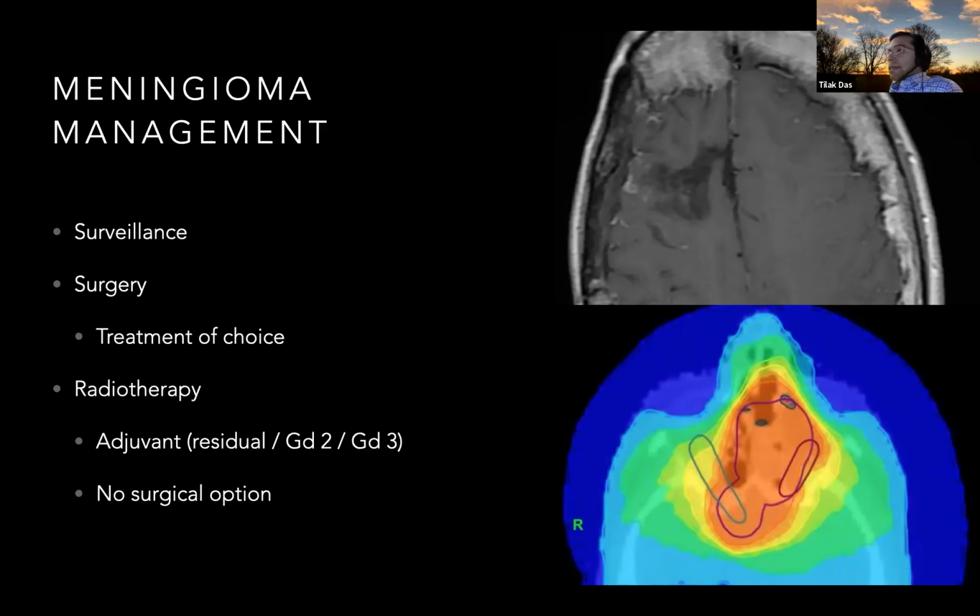And if that's the case, or it's a higher grade 2, grade 3 tumor that has a high risk of recurrence, or there has been no surgical option because of the location of the tumor, then the next option is radiotherapy, so either external beam or stereotactic. There's no role yet for chemotherapy or any other drugs so far.